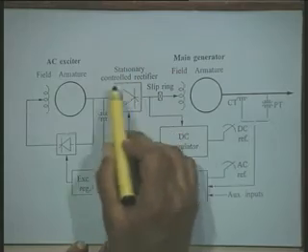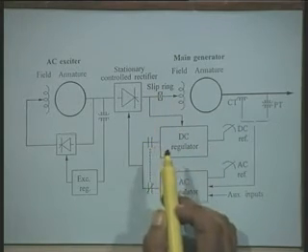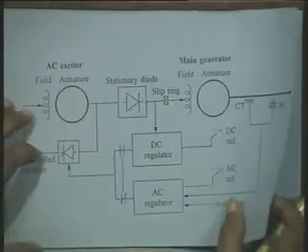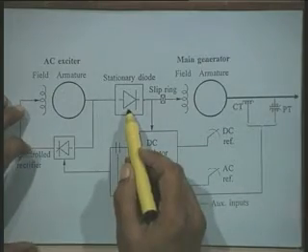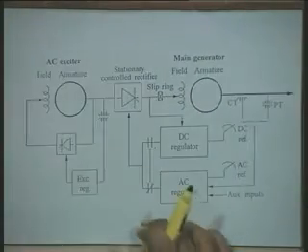The other arrangement which is possible is that we use stationary control rectifier. That is, instead of using the stationary uncontrolled rectifiers as is shown here, we can use the stationary controlled rectifiers.